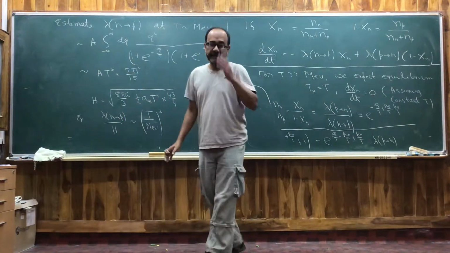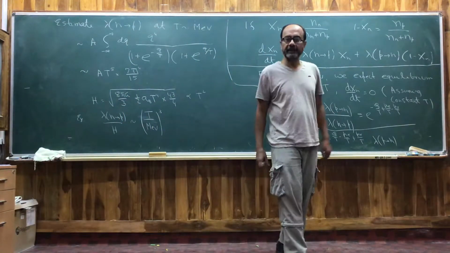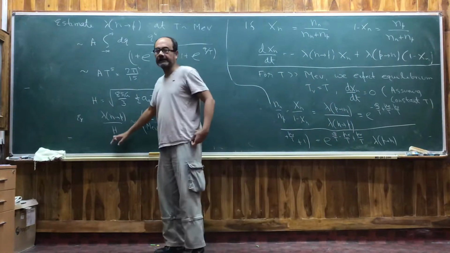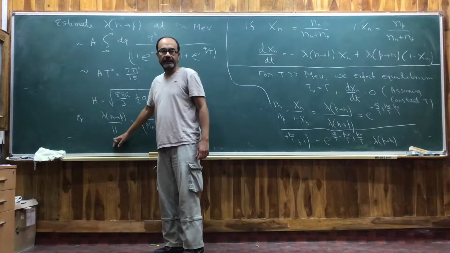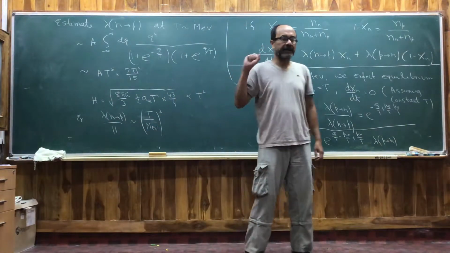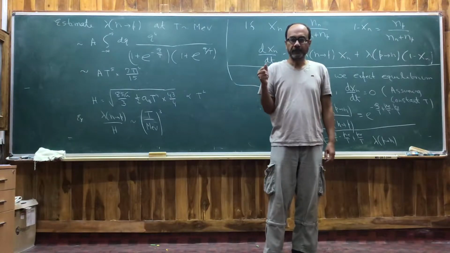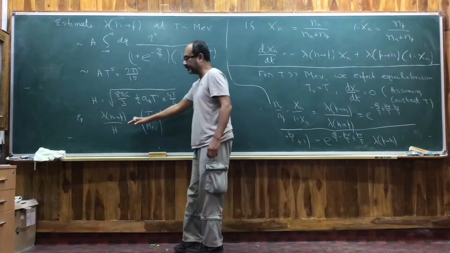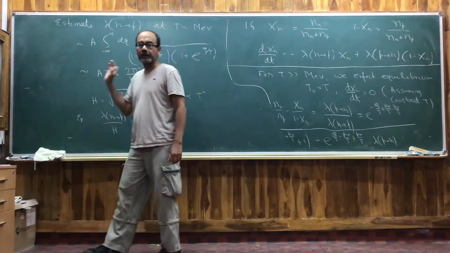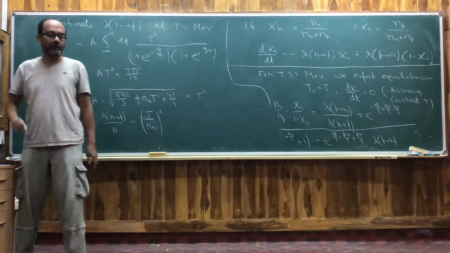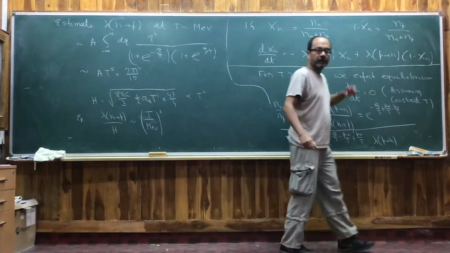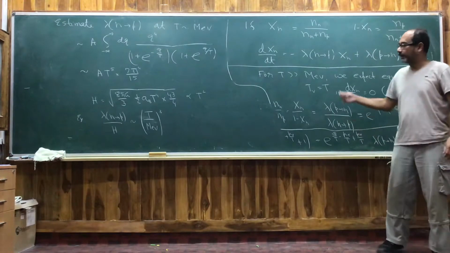So what this is telling us is that when T is much larger than MeV, the system is in equilibrium because the reaction rate is much faster than the expansion rate. If, on the other hand, T is much less than MeV, the system is out of equilibrium because the reaction rate is smaller than the expansion rate. In that case, you cannot use thermodynamics anymore to calculate the fraction of neutrons. You have to actually solve this set of equations to find the fraction of neutrons, to calculate X_n.